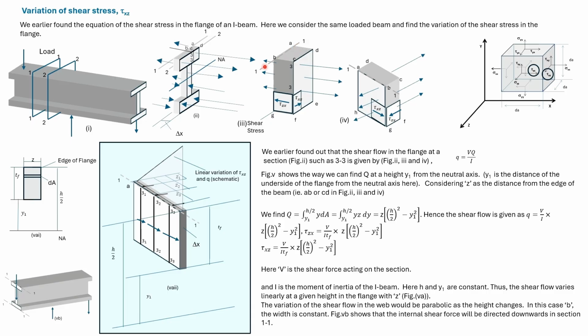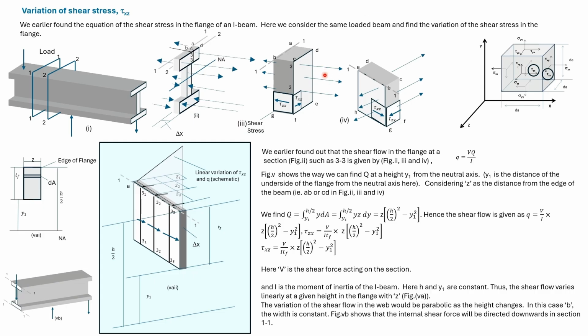This is section 1-1, this is section 2-2, and this is section 3-3. Sections 1-1 and 2-2 are considered to be quite close to each other, so that the thickness of this section is of one element only.